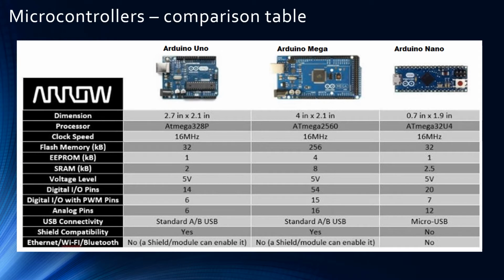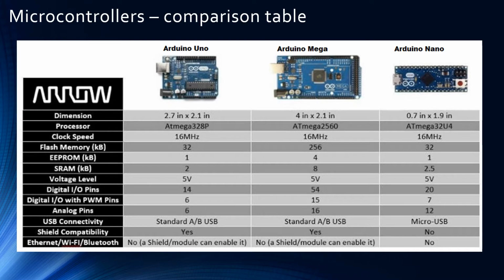First, for sure, the difference is the dimension. For the PC, they call it form factor, but here the dimension depends on your application. If you need a small system, then it's better to go to Arduino Nano because it has the smallest dimension. But there are some other differences.